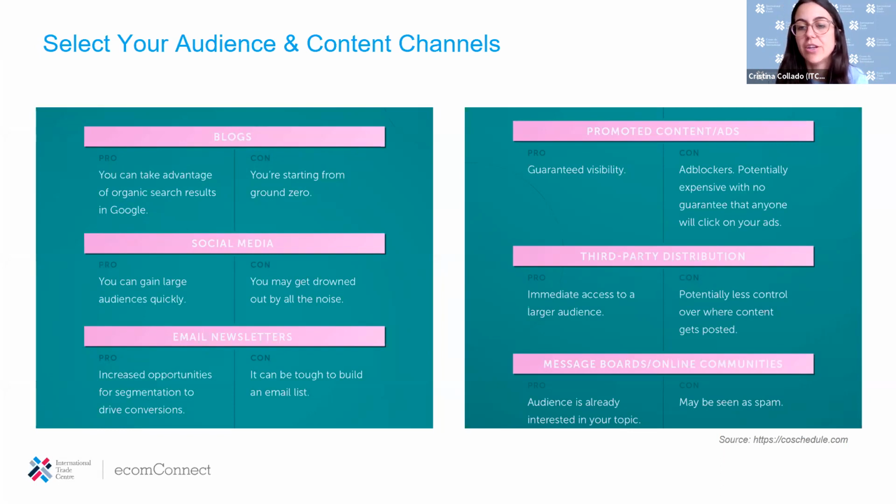And the con here is that it may be seen as spam if it's not very interesting, or if it's too repetitive in the platform. So if you go to a group on LinkedIn and you share your content, and many people have already shared content regarding that, they will not look at it because it's boring. So you have to differentiate yourself and create something engaging.